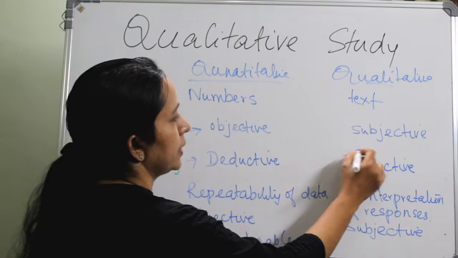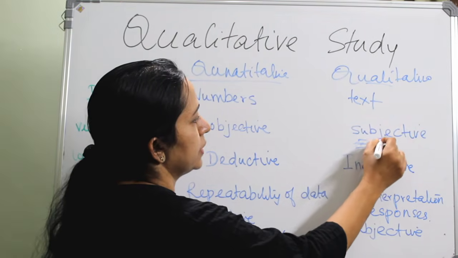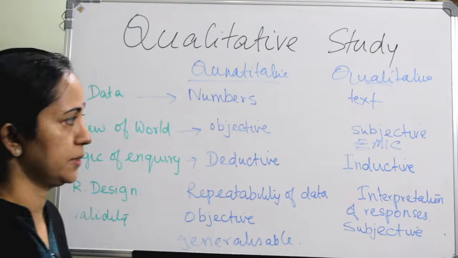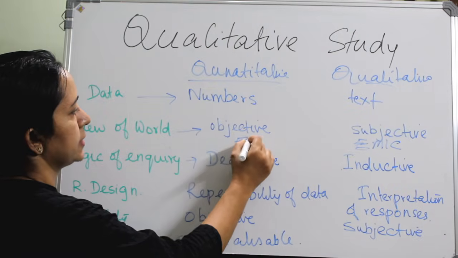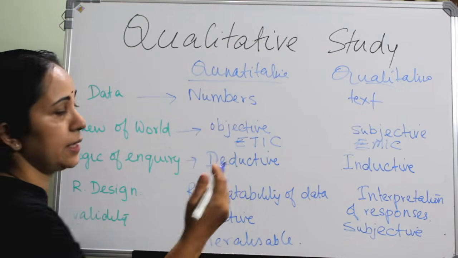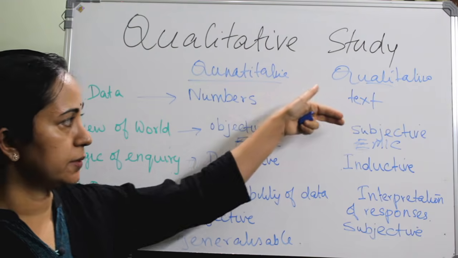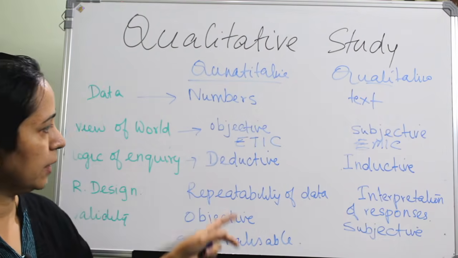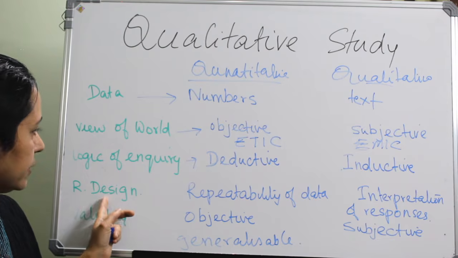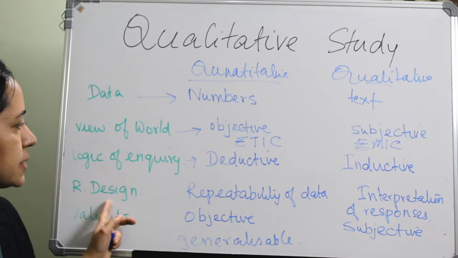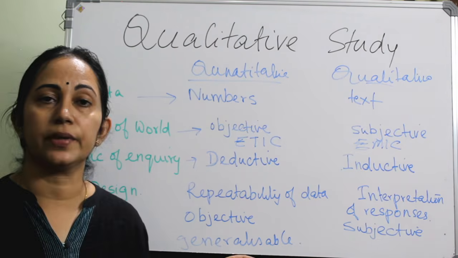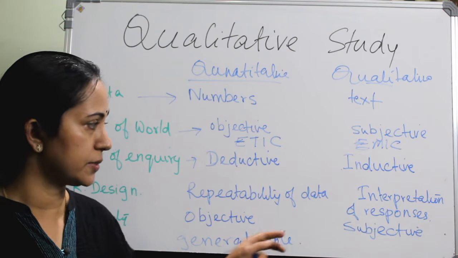This is actually a mixed study. I already told you there is internal participation in qualitative, so it is an internal perspective, whereas in quantitative we are standing as an outsider, so it is an outsider perspective. And the research design is repeatability of data in the case of a quantitative study.